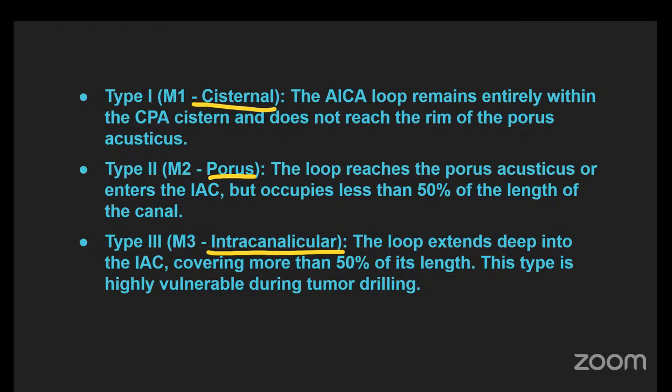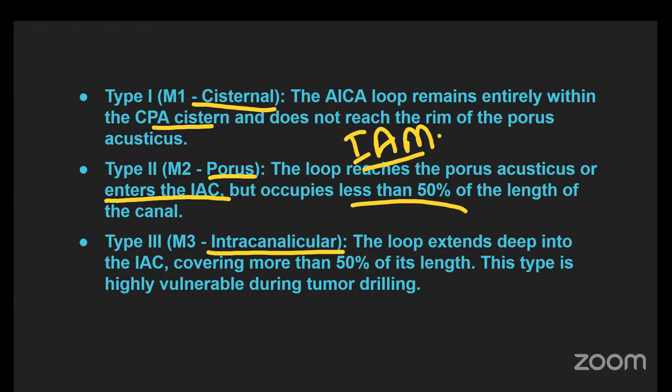Cisternal means it is only traveling within the CPA cistern. It is not entering the internal acoustic canal, the internal acoustic meatus. When we say porous, that is type 2. It is entering the internal auditory canal, but occupies less than 50%. And type 3 goes all the way inside the canal and then comes out, completing this loop within the canal.